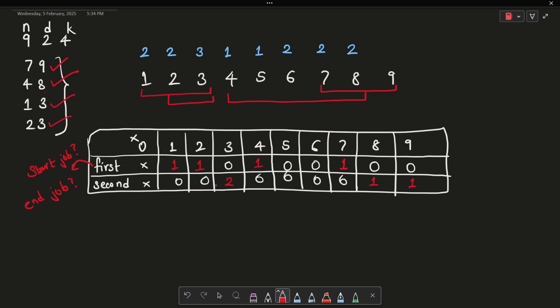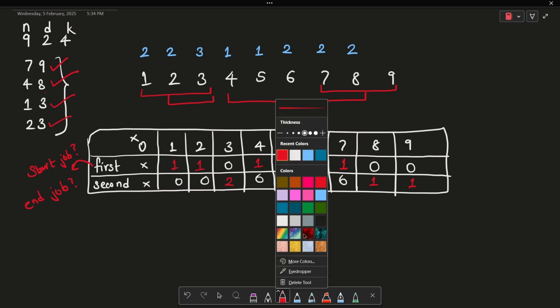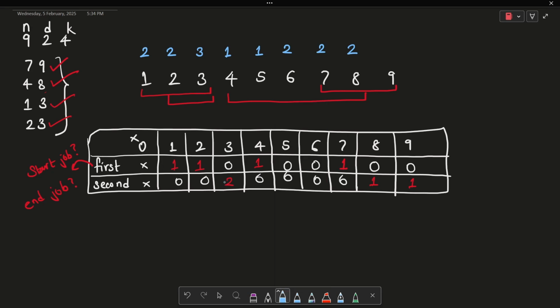Okay, good. Now I just need to slide through this vector and count the number of distinct jobs in a particular window. What should be the size of the window here? Obviously the window size should be 2.